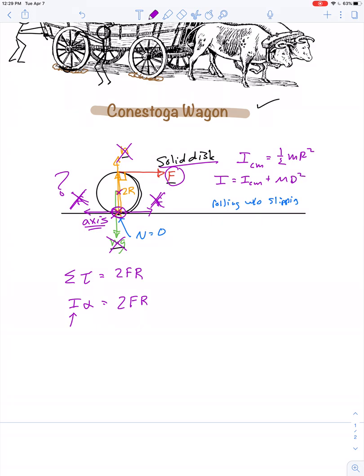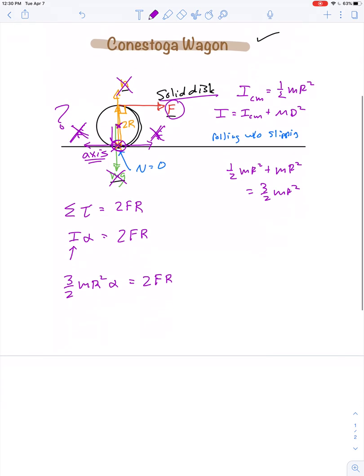So we've shifted the axis by a distance of r. So we just have 1/2 mr squared plus mr squared, and that gives us 3/2 mr squared. So there we go. 3/2 mr squared times alpha is equal to 2Fr.